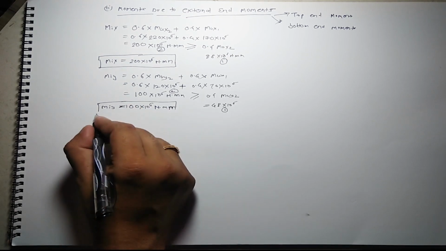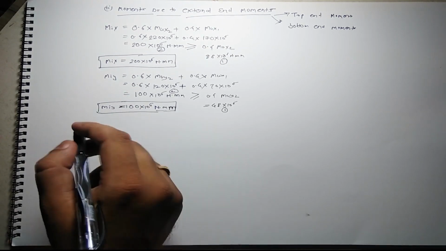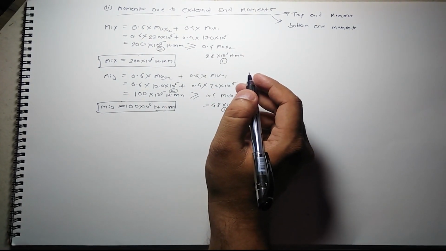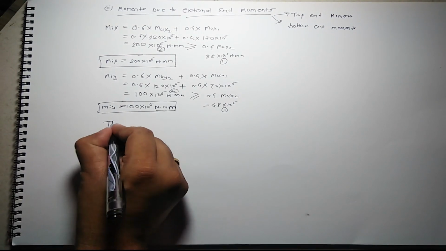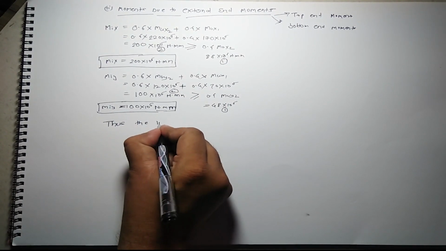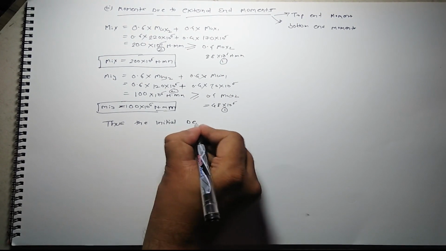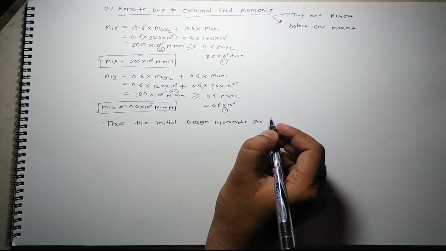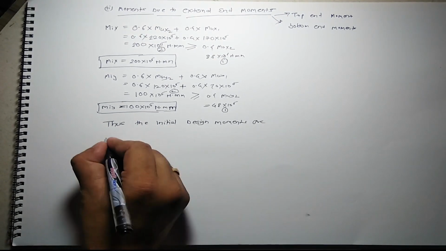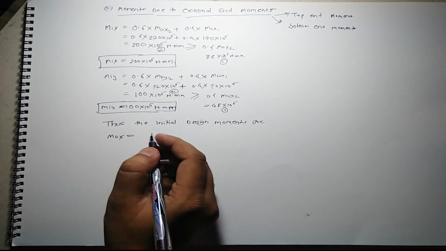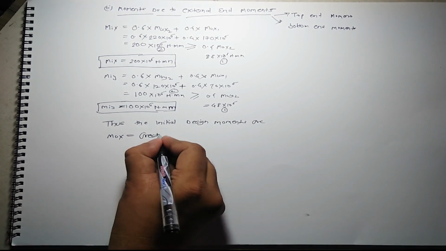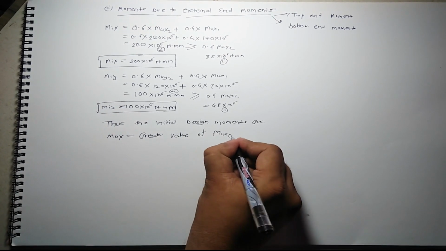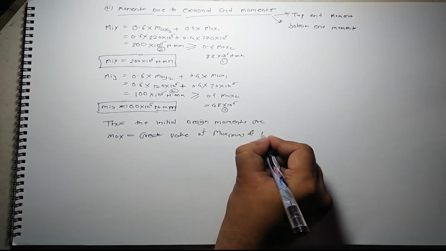In the previous lecture I told you the brief steps, so it is very easy to understand if you have gone through all the steps. And then after this, thus the initial design moments are: Mux will be the greater value of Mux minimum and Mix.